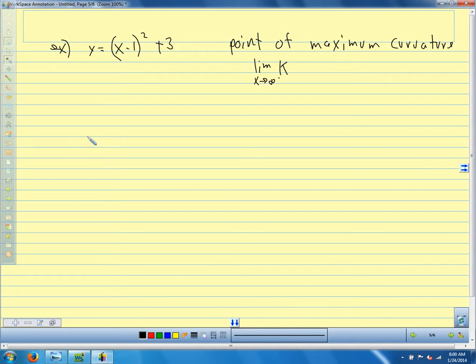So we're going to use k equals, and this is our expression for curvature in the plane.